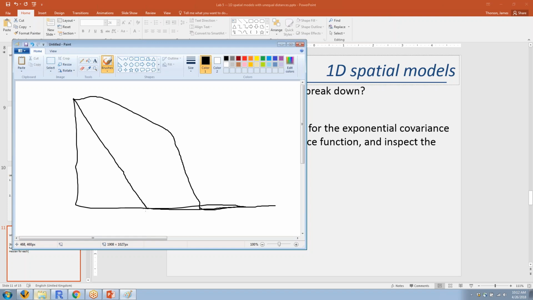So where I'm going with this is you can use any correlation function you want for the exercise, but do not use the linear or the spherical because those are not differentiable. I recommend for most people that you just use the Gaussian correlation function if you don't have some strong preference.